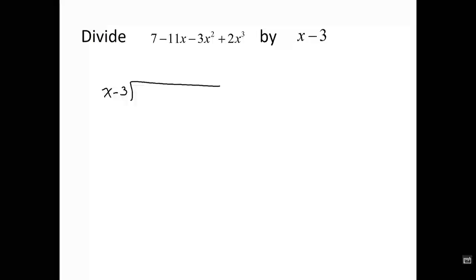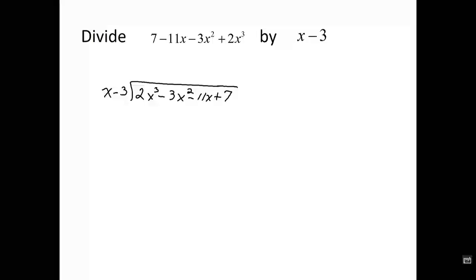It is important that we express the dividend in descending order of powers of x. So we have 2x cubed minus 3x squared minus 11x plus 7. So it's important first to rewrite the dividend in descending order if you have to.